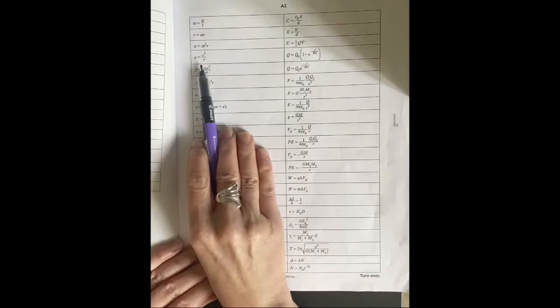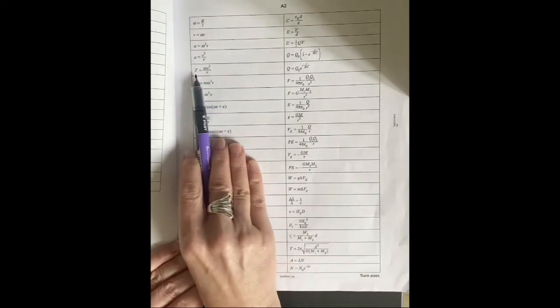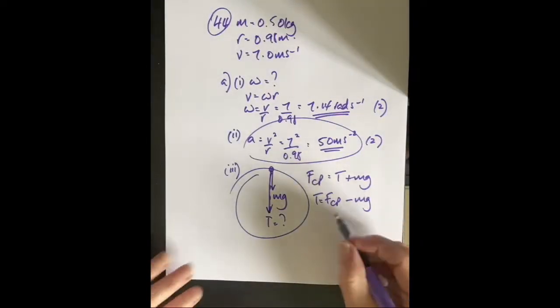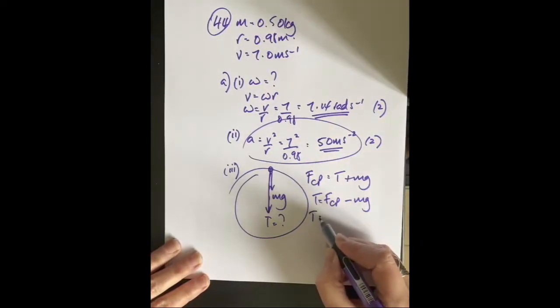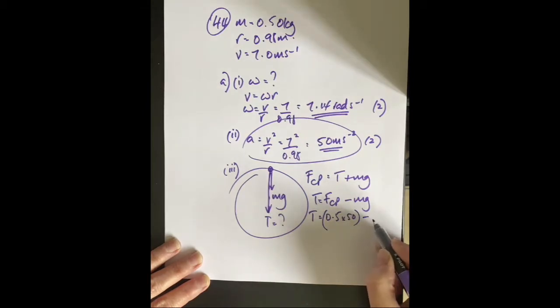So if A is V squared over R, F equals m times A, so it's that times m. So all I really need to do here is, what's m? 0.5 times 50 minus, what's mg? 0.50 times 9.81.